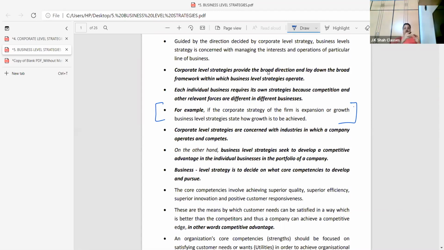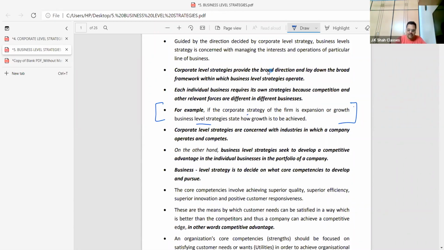So the person in charge of Tata Motors will have to prove to him how he is achieving growth. So what the corporate level says, the business level will have to get it done, and they get it done from the people at the functional level. That is the lower level of management.